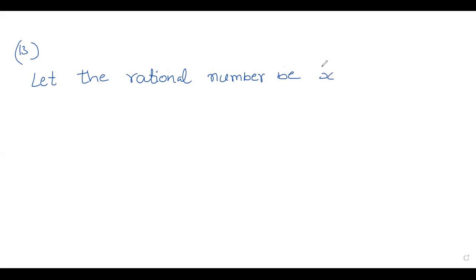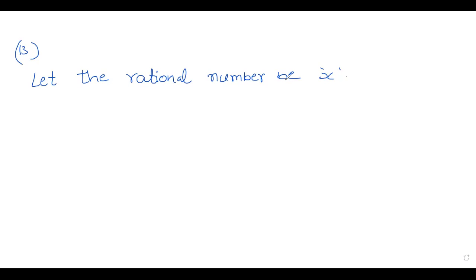So question number 13. We don't know the rational number, right? So let the rational number be x. Okay, children. Now read according to the question. So what is the question?